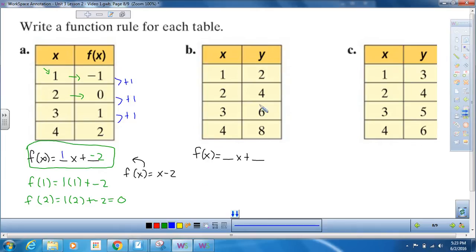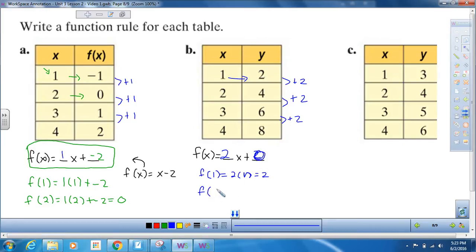All right, next one. Okay, let's look at the change in y. This time I'm not just going up by 1s, I'm going up by 2s. So that's a 2x. All right, if I plug in 1, I'm supposed to get 2. 2 times 1 is 2. Okay, so what do I need to add to 2 to get 2? 0. Oops, should be 0.